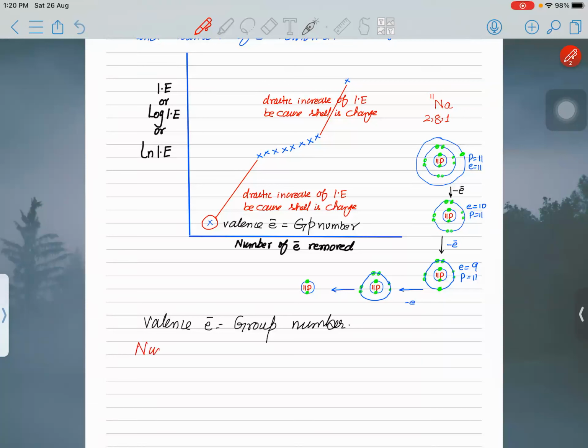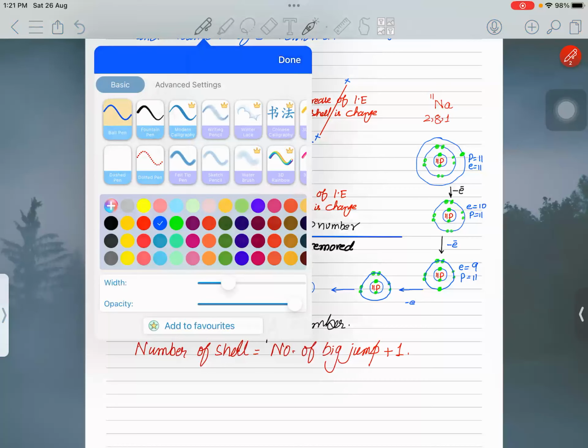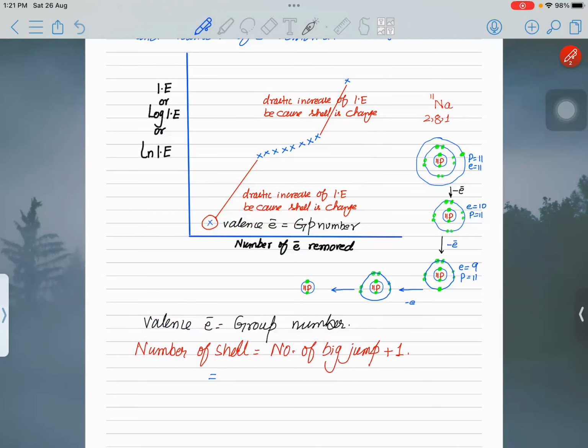Similarly, you can find the number of shells. Number of shells is equal to the number of big jumps plus 1. Now, can you tell me how many big jumps in sodium? Two.